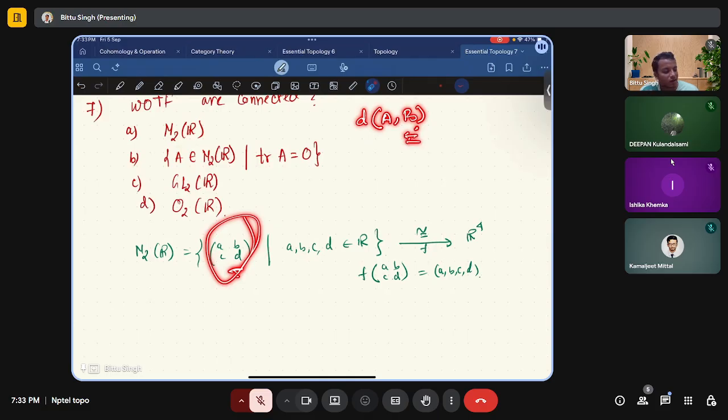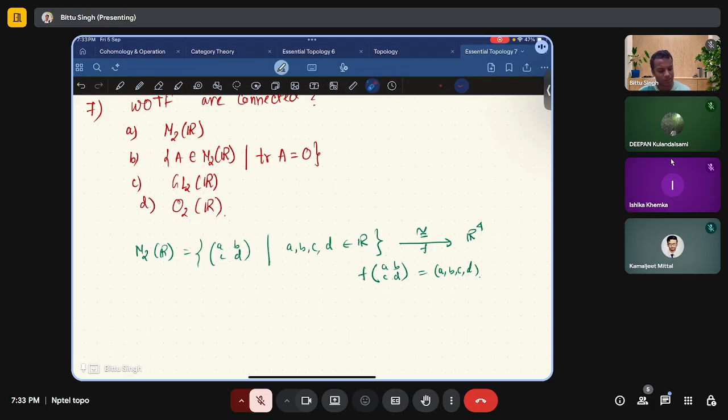Then you can define the distance by the square root of the sum of the squares of (a_ij minus b_ij). Here I am considering the entries a11, a12 like this. So if we consider two different matrices, you can define the distance between them by this formula.